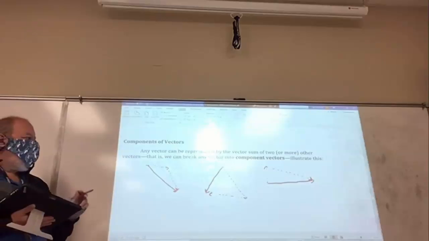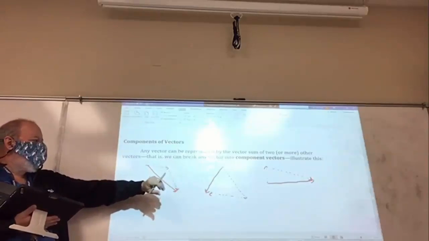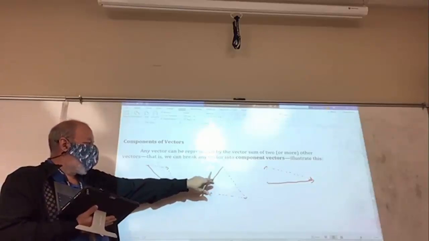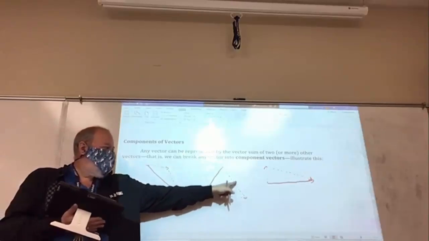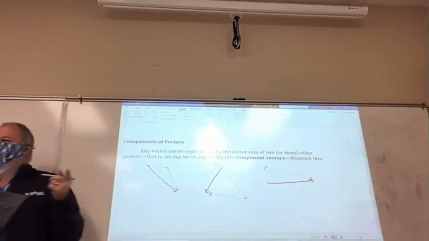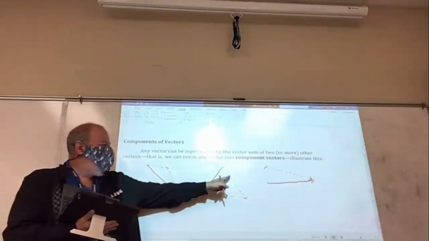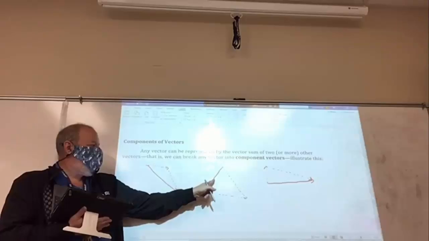How many possible sets of vectors could I have to add together to get any one of these vectors? This isn't the only set of vectors that I could add together to get those vectors, right? Would you not agree that I could have an infinite number of vectors that I could add together to get this vector.